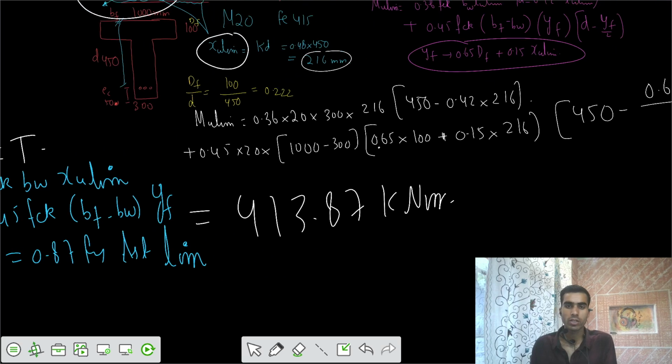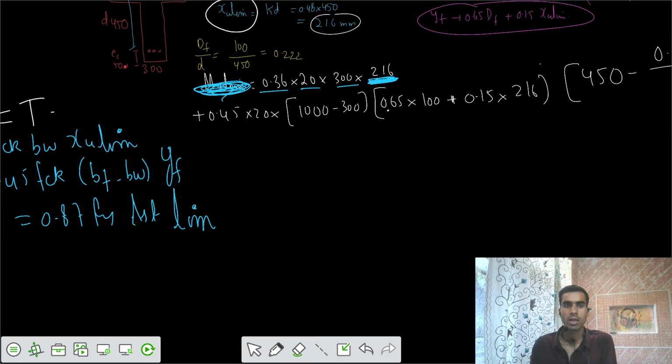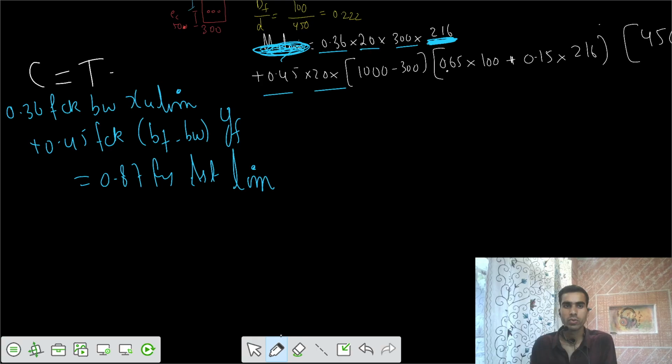Corresponding to the limiting condition we need to calculate. This data is already available here. So I would say 0.36 fck b Xu limiting, this is your Xu limiting. Then plus 0.45 fck, bf minus bw, where yf equals 0.65 Df plus 0.15 Xu limiting.